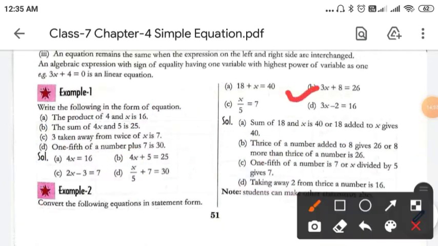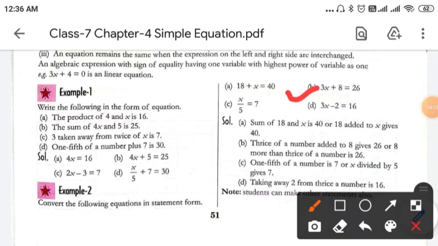B is 3x plus 8 equal to 26. So you can make any other statement also. It's up to your choice what type of statement you want to write, but it should be numerically equal. Okay. So 3x plus 8 equal to 26.